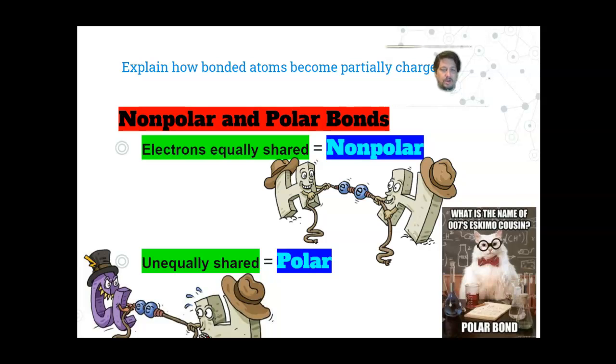When we're talking about this unequally shared, the polar bonds, chlorine is a much larger atom than hydrogen. Chlorine is in group 17. So it has many more protons. There's a bigger positive charge in the center of that atom.